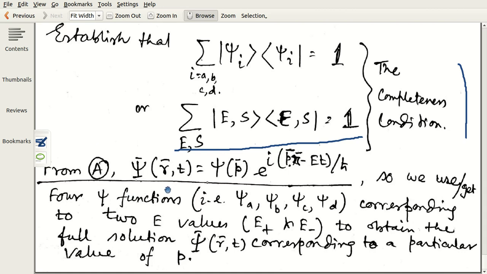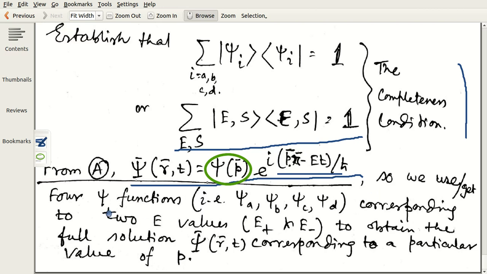And now we can formulate the total solution psi, where, as we have said before, this is the time independent part which depends on the momentum, and this exponential part is the oscillatory part of the function.